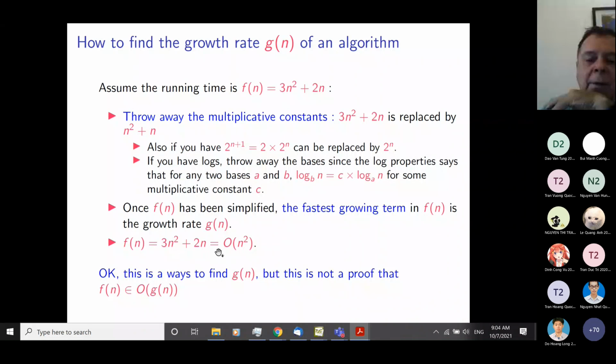So this is a function and this is another one that we have extracted from the running time of the algorithm. So these are two different functions. But we want to use this one to bound the other one. And we can do that if I can find a constant c that is large enough such that n squared is going to be larger than this.